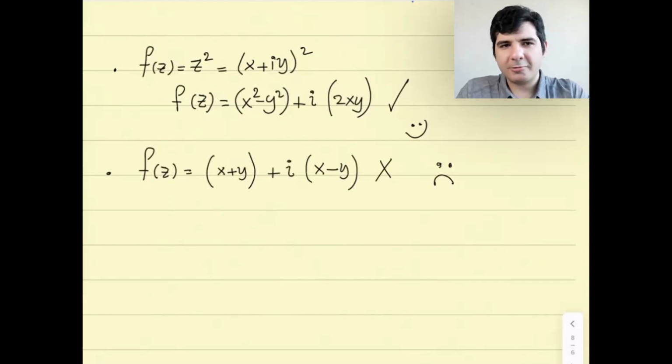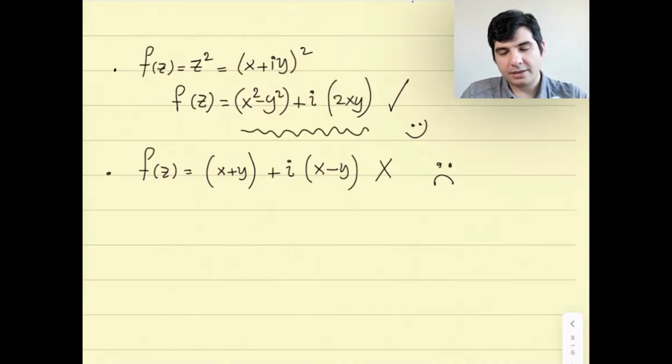How is that? They're both polynomials in x and y. How is it that one of them is differentiable and the other one is not? The essential thing is that this polynomial in x and y can be written as a polynomial in z. And a polynomial is differentiable in the complex sense if and only if you can write it as a polynomial in z.